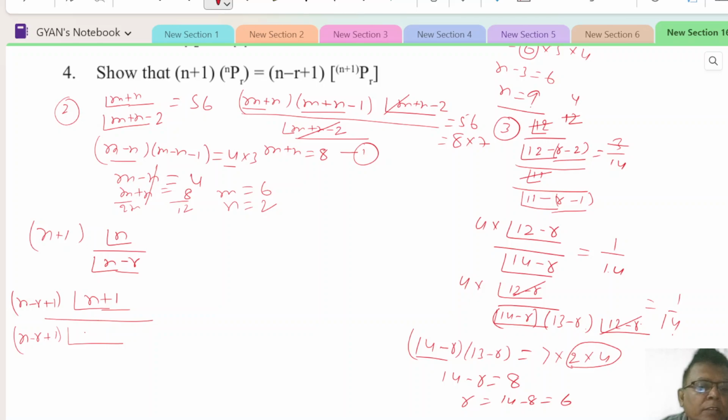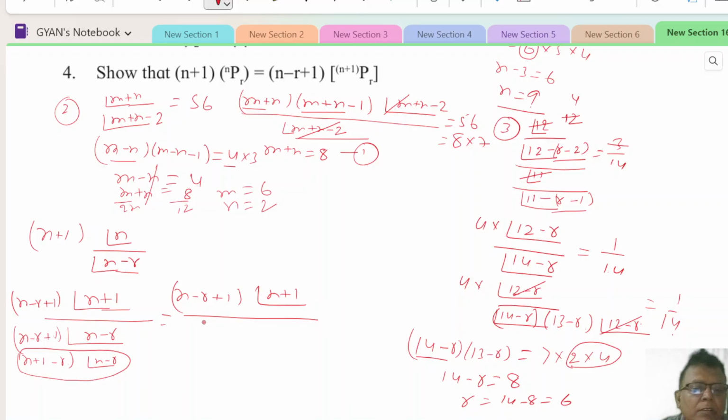So now n minus r. Here you can write (n plus 1 minus r) into (n minus r), this side you will take. If this is made, then what will happen? (n minus r plus 1) factorial (n plus 1) divided by factorial (n plus 1 minus r).